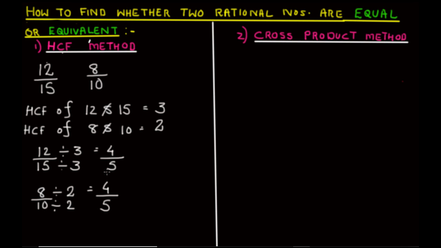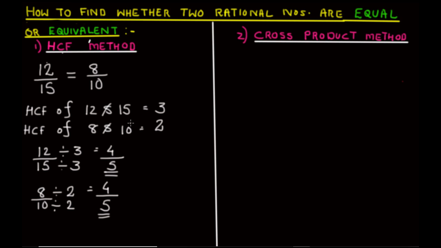So did you see that in the first rational number the simplified form is 4 by 5. In the second rational number also the simplified form is 4 by 5. Thus we say that 12 by 15 is equivalent or equal to 8 by 10.